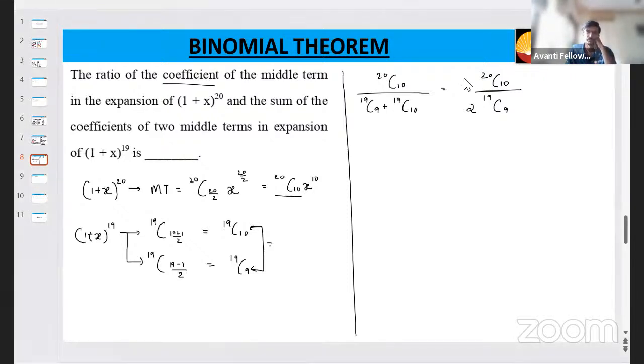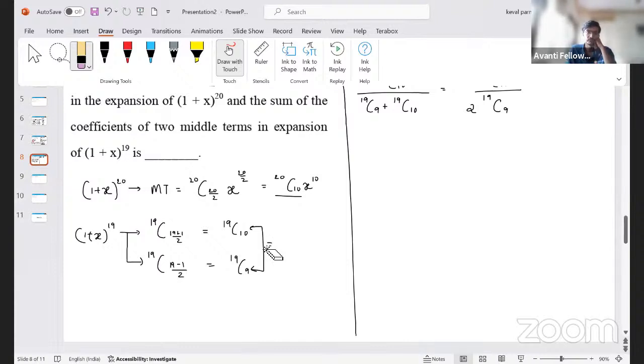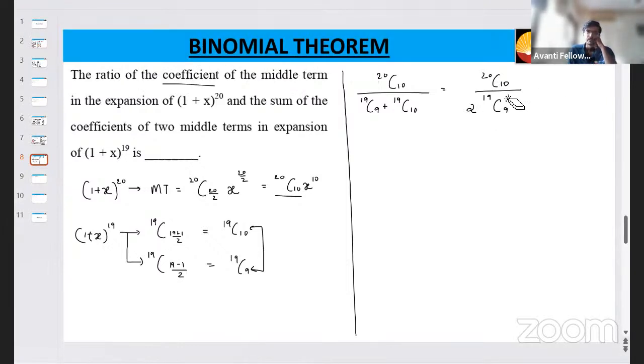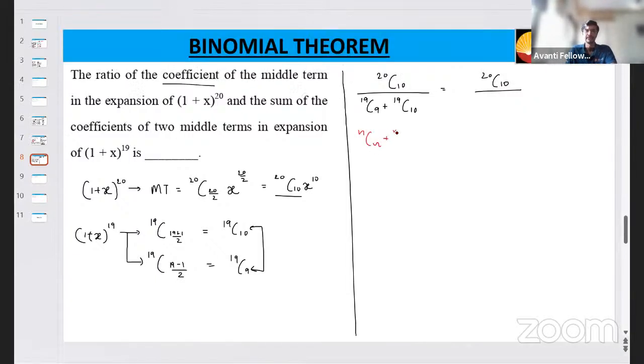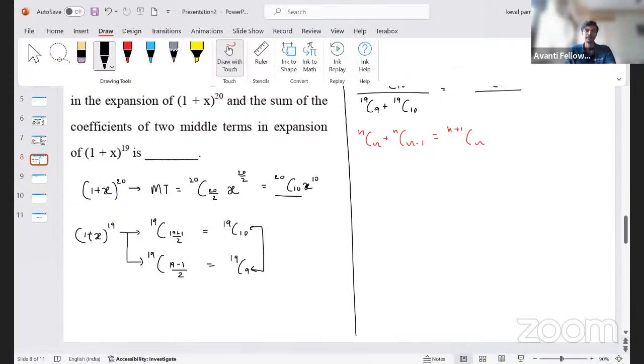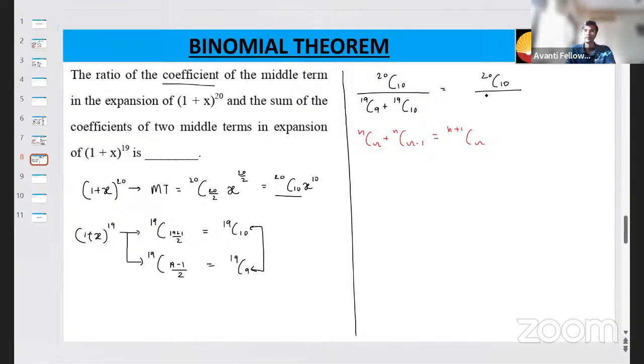और इवन बेटर, अच्छा फॉर्मूला मिल गया, which you should know, कि nCr plus nC(r minus 1) is (n plus 1)Cr. I think this would help better. So this I can write it as 20C10.